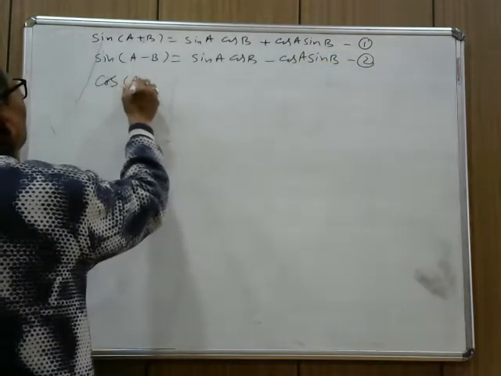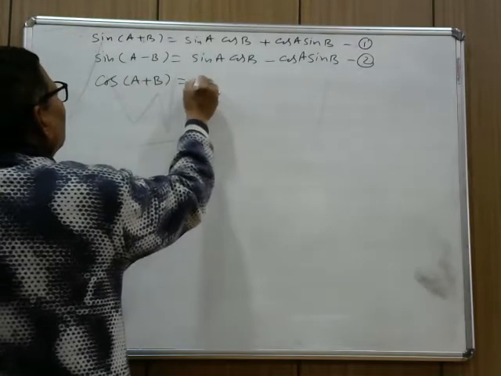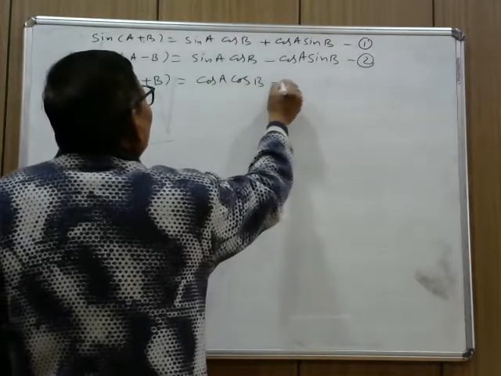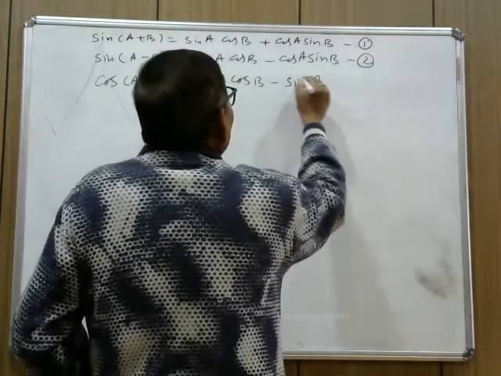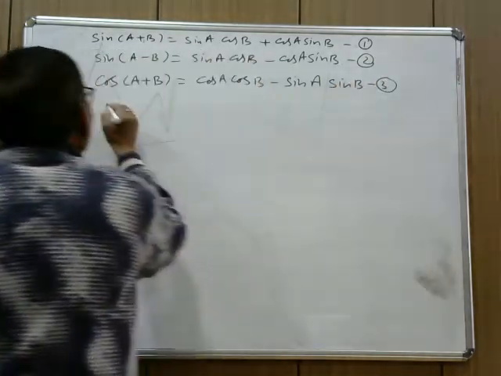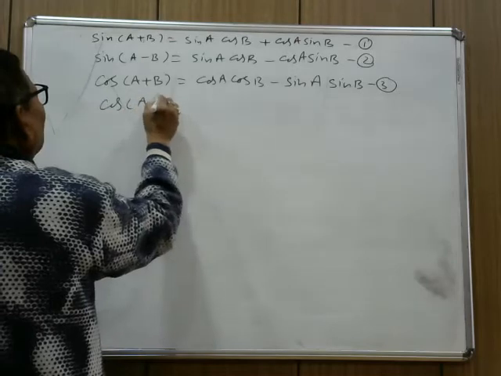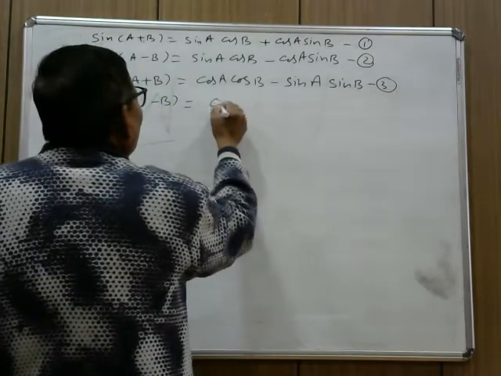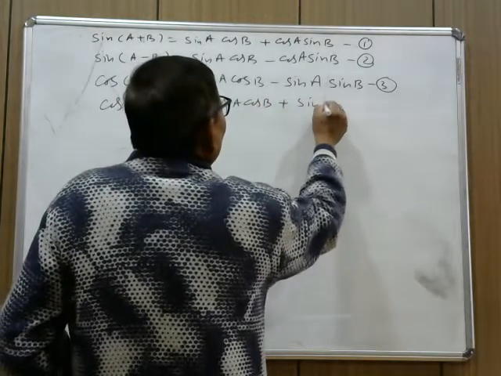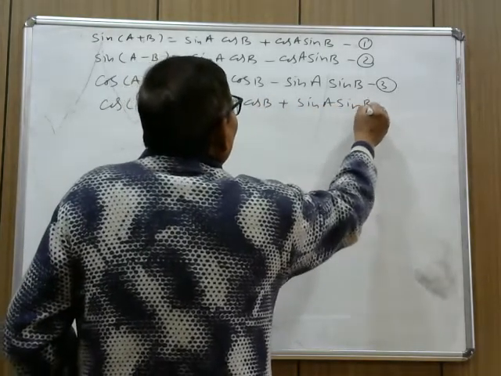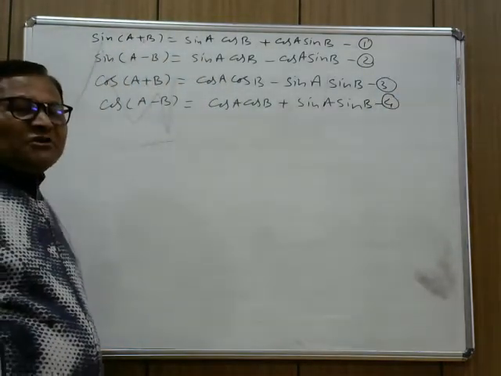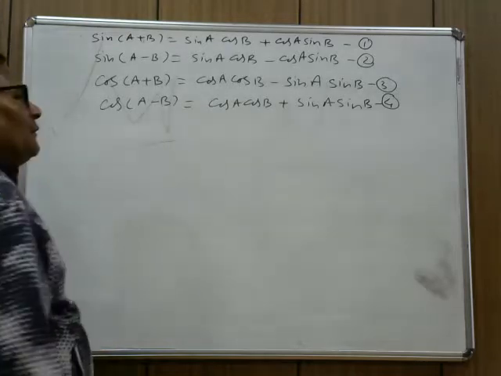Cos A plus B is equal to cos A cos B minus sin A sin B. This is the third formula, and cos of A minus B is equal to cos A cos B plus sin A sin B. We have proved these four formulas. By the combination of these four formulas, we have the following.